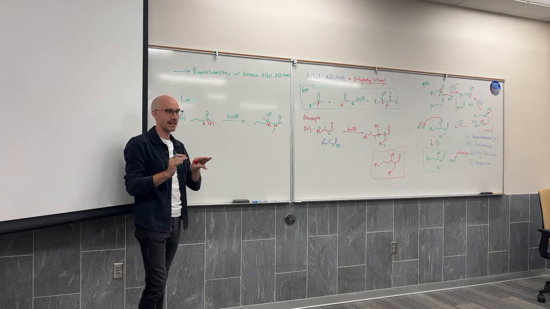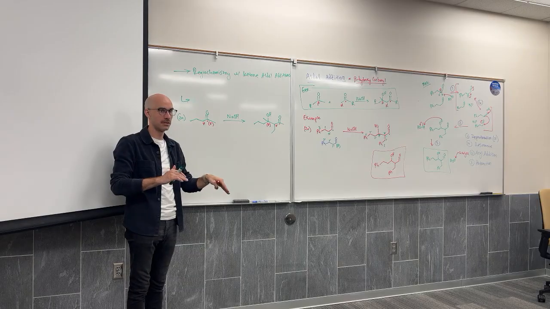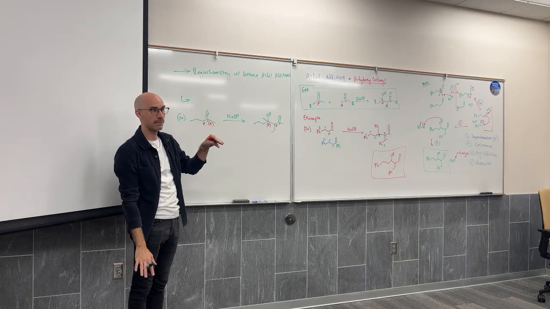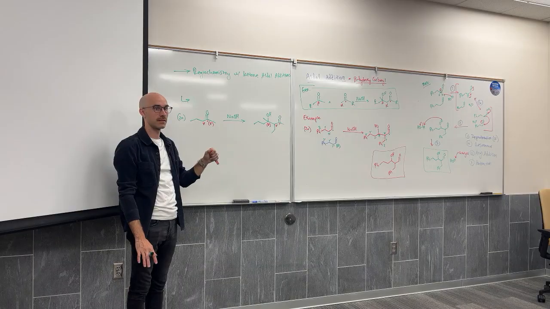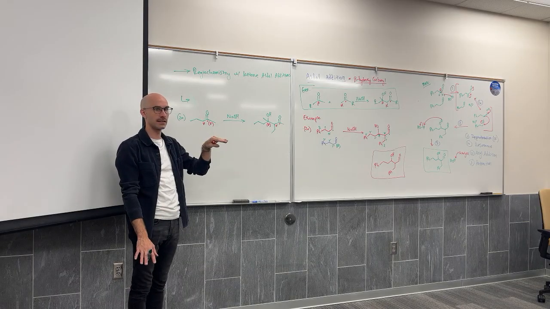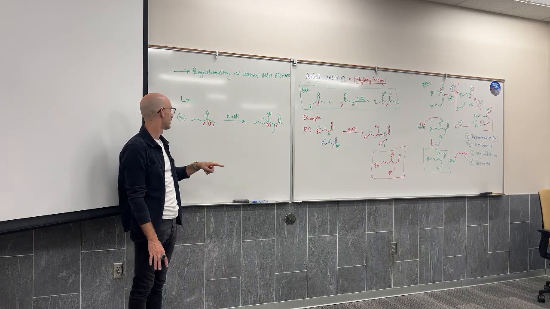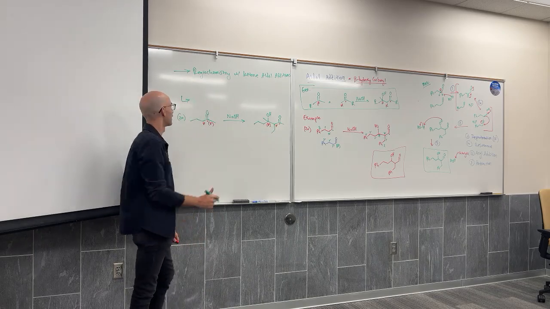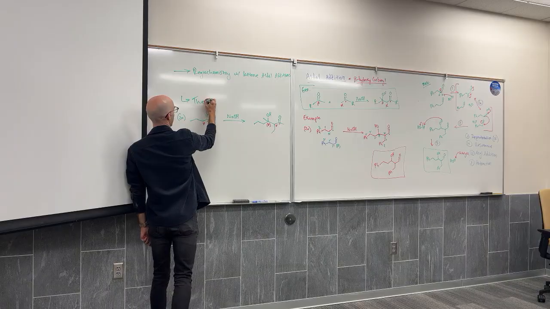So remember, kinetic is the easiest to form. Thermodynamic is the most stable to form. Does this give the most stable enolate or the less stable enolate? More substituted, more stable. So this is our thermodynamic base.